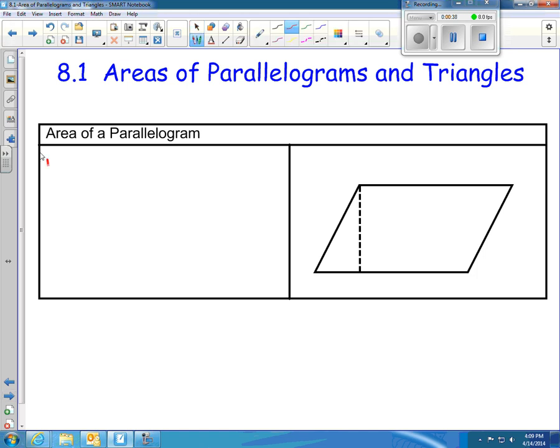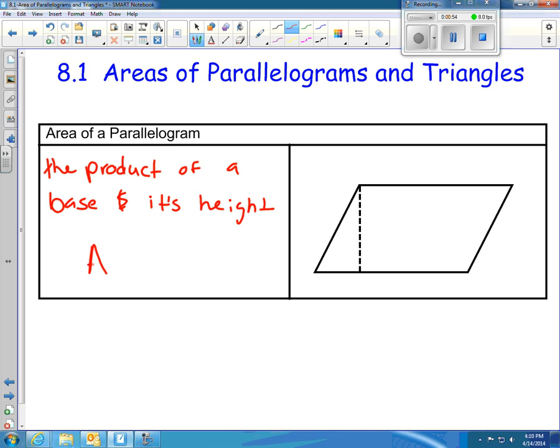It is the product of a base and its height. All right, so area for a parallelogram is base times height.